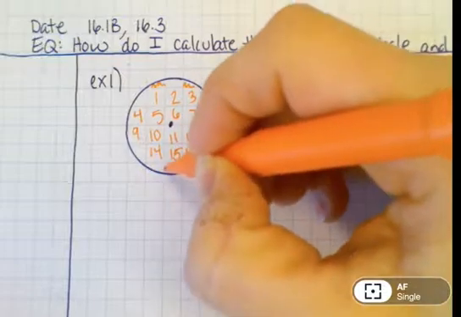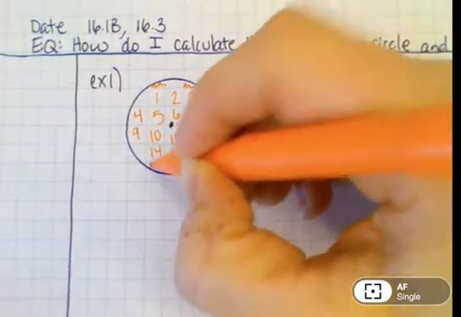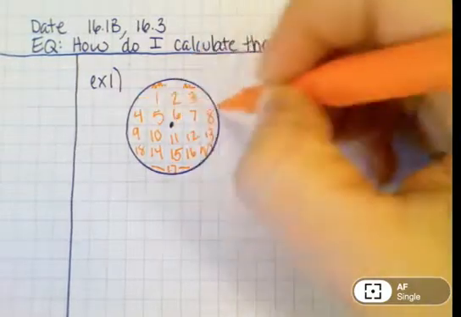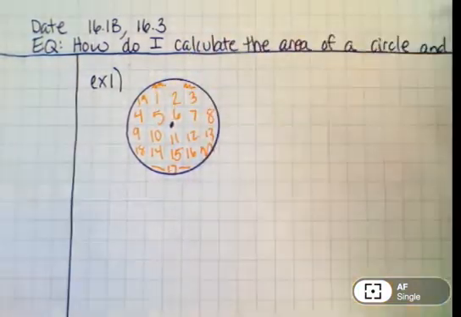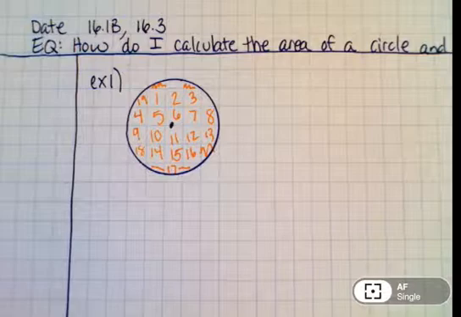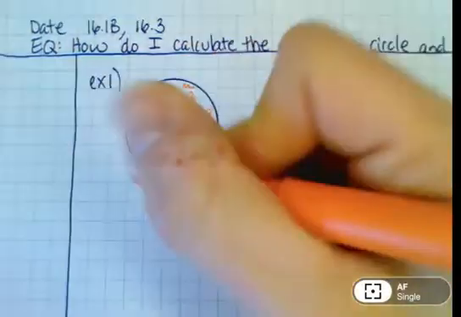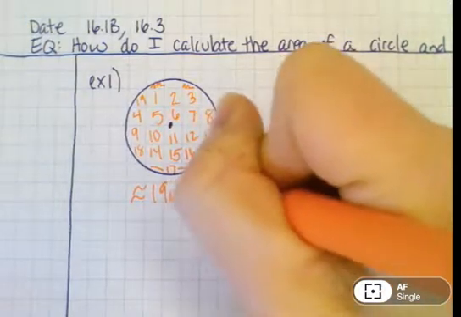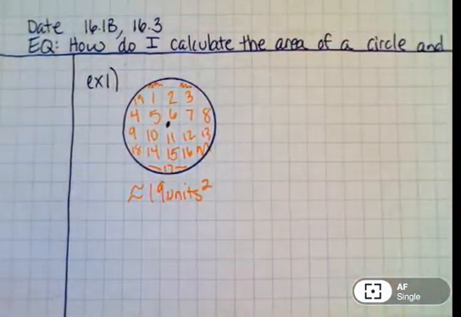So maybe these together make up 17, and maybe these together make up 18, and maybe these together make up 19. So when I actually just count the boxes inside, I get approximately 19 units squared. Now you don't need to write any of that down.